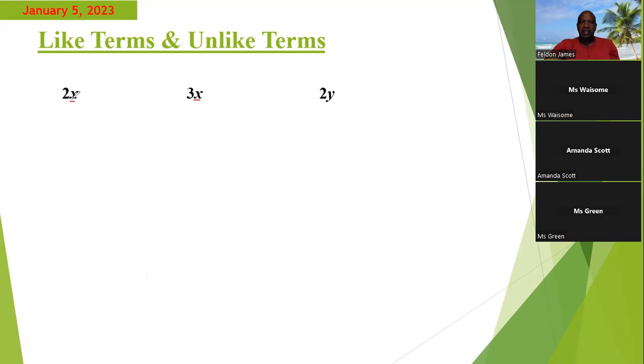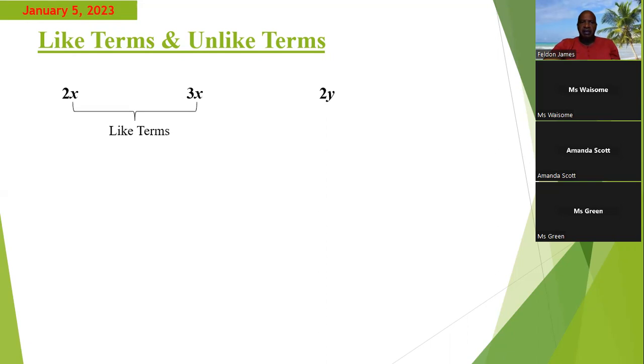So the key thing is that in terms of the unknowns, we're not looking at the coefficient now. If the unknowns are the same, we say that they are like terms. If the unknowns are different, we say that they are unlike terms.